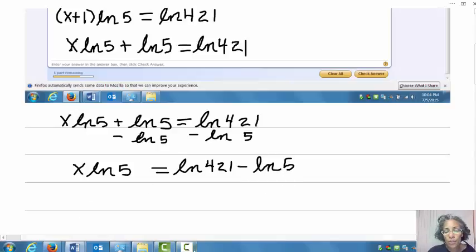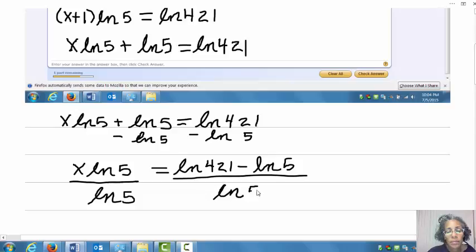And in order to isolate x at this stage, I simply need to divide both sides of the equation by the natural log of 5. And here, these natural log of 5s divide out, and I'm simply left with x, which is exactly what I wanted to be left with.